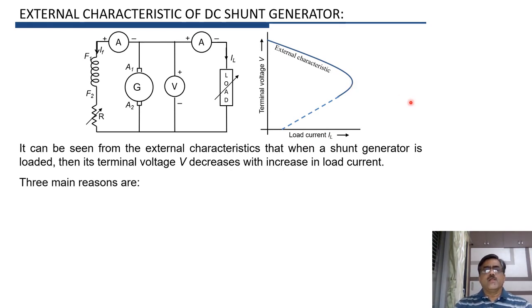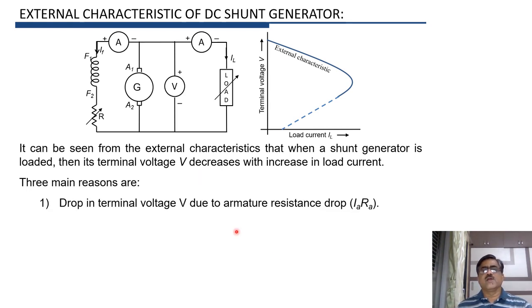Now the reduction in terminal voltage with increase in load is because of three main reasons. The first reason is the armature resistance drop IARA. As the load increases, armature current also increases, and with increase in armature current, the armature resistance drop IARA increases. And because of the increase in IARA, terminal voltage V decreases.